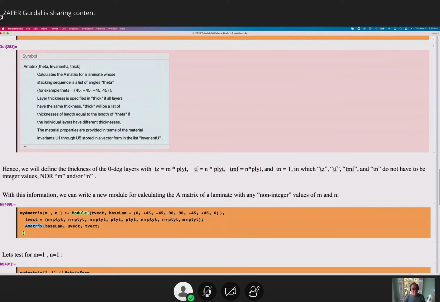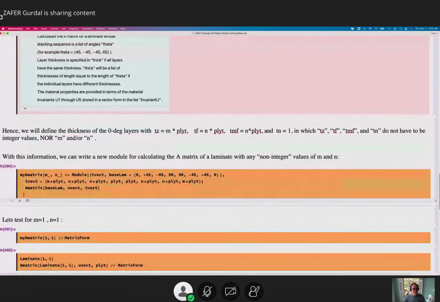The only discrete part in the A matrix calculation is the base laminate, which is discrete angles, without repeating them, only the base orientation angles, distinct orientation angles. And all the information regarding their thicknesses is buried into this vector called T vector. Okay? So let me execute this.